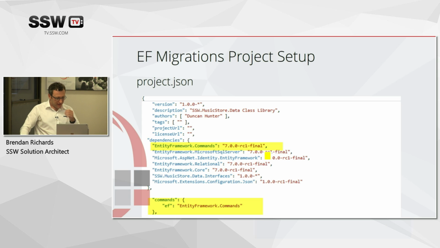And the second highlighted section is a specific object in the project.json structure that sets up commands. If you've got a web project, you might have a web command, which will start up a little self-contained web service to serve your web pages. So that's how the command system of Entity Framework wires itself up to your project.